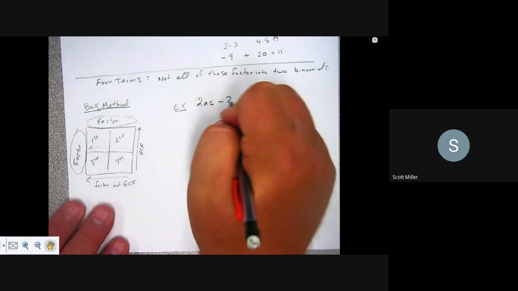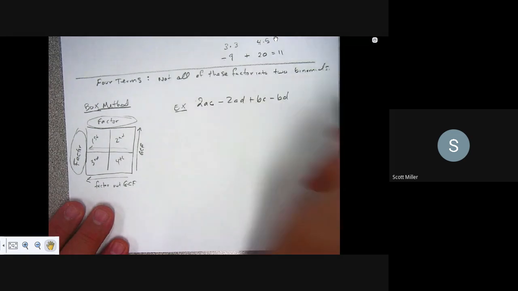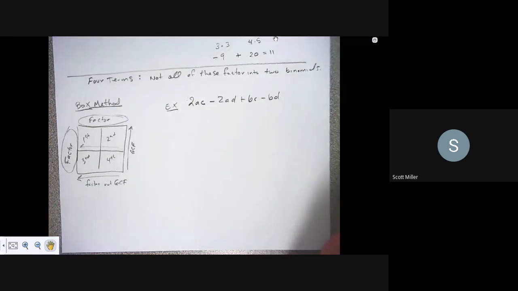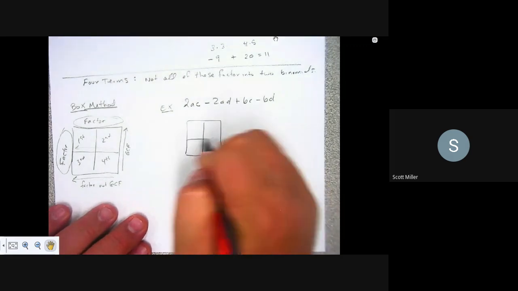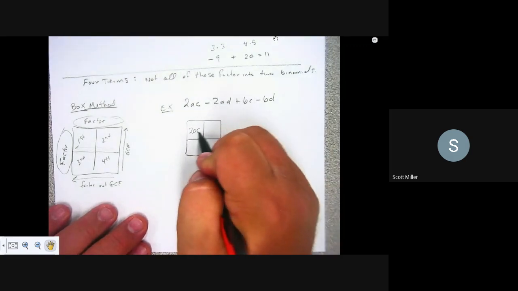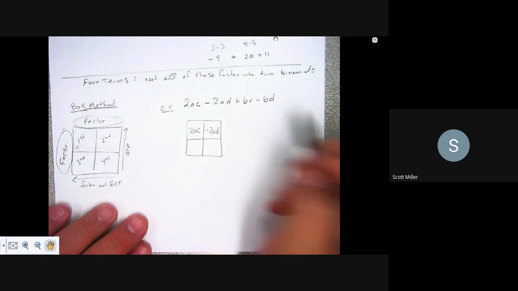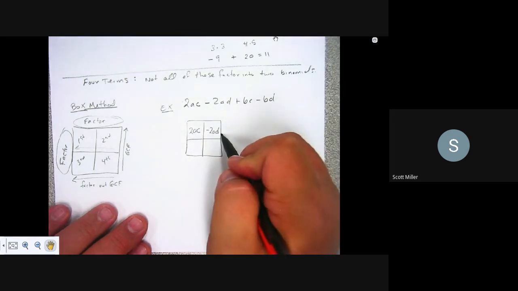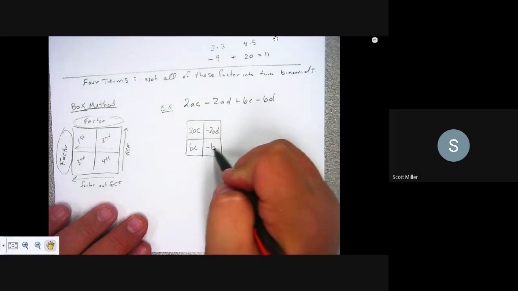So here's an example that uses the box method. 2AC minus 2AD plus BC minus BD. If I wanted to factor that into 2 binomials, make the box. The first term, the second term with sign, minus 2AD, minus 2AD. BC minus BD.